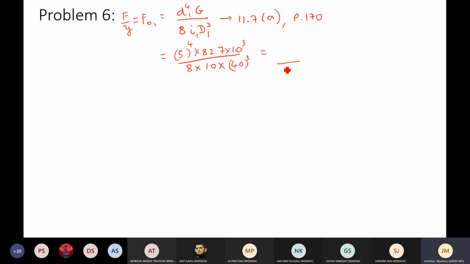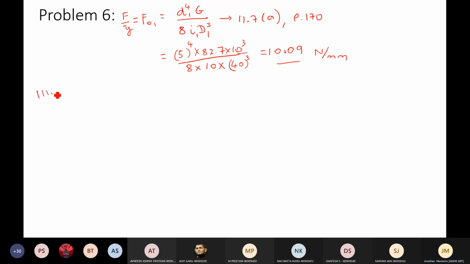Whatever answer you are getting should be in Newton per mm. This is F by Y that you are finding out. We do not know what is individually F, we do not know what is individually Y, but we can find out what is F by Y. How much are you getting? 10.09. Yes, 10.09 is the answer over here.